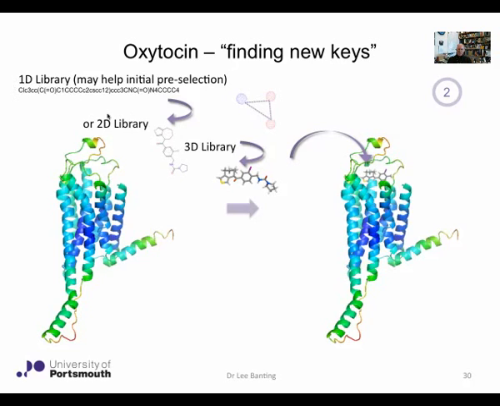You can pre-screen a library, which is, we mentioned SMILES strings, and you could pre-screen a library for those strings, and that will help you filter out compounds that may not be of interest, or you could do that at a 2D library level. But now we have this pharmacophoric information that allows us to search 3D libraries for compounds that will fit into the receptor.